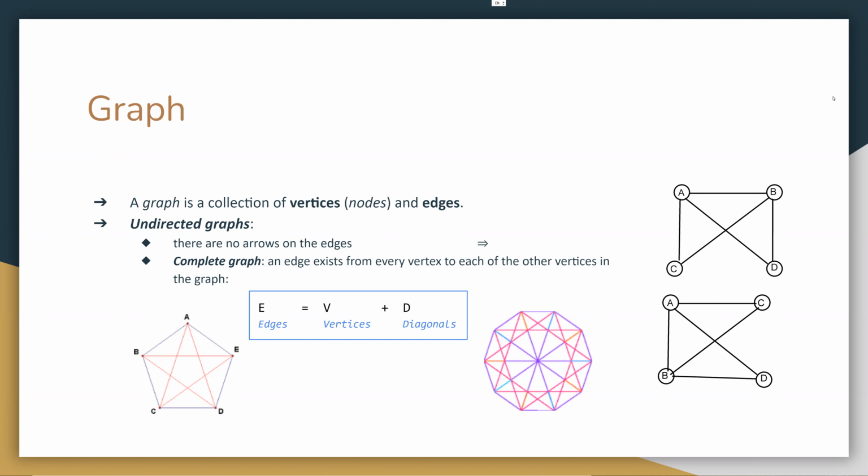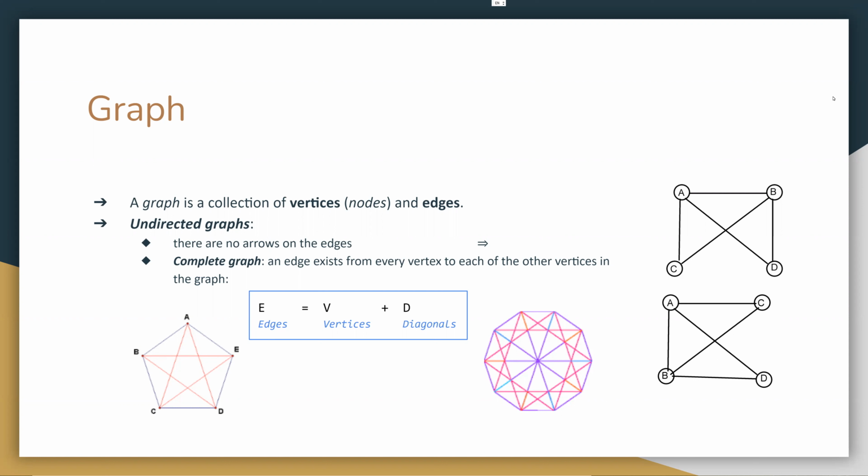Yeah, so a graph is a collection of vertices. Like in this one, the upper right corner, it says A, B, C, D, in the circles. Those are called vertices, or nodes.